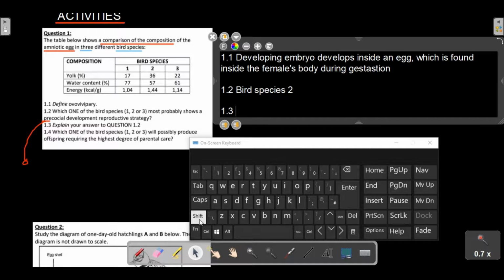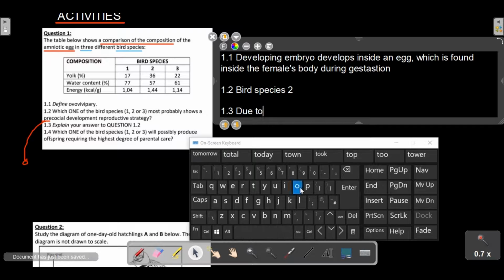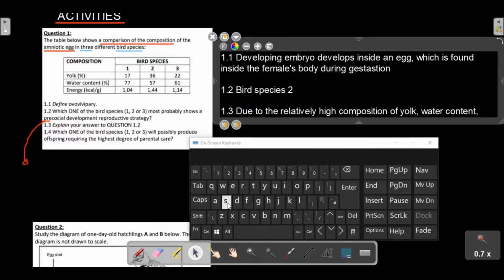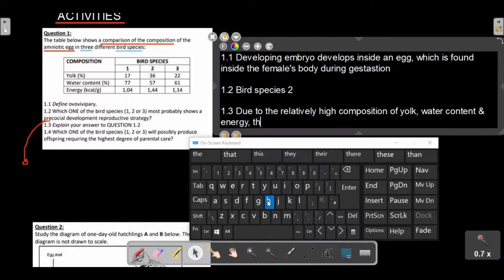So, due to the relatively high composition of yolk, water content, and energy, the developing embryo will be born fully developed, as it had all the necessary nutrients it requires, or excessive.